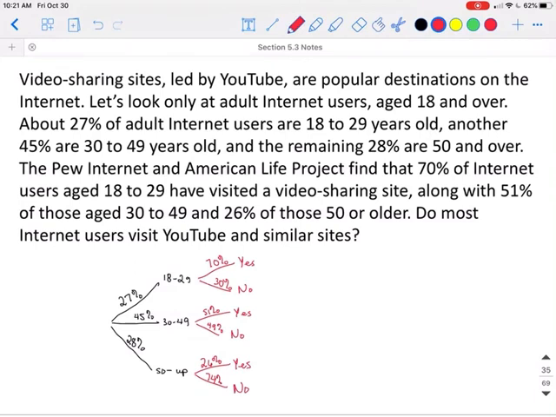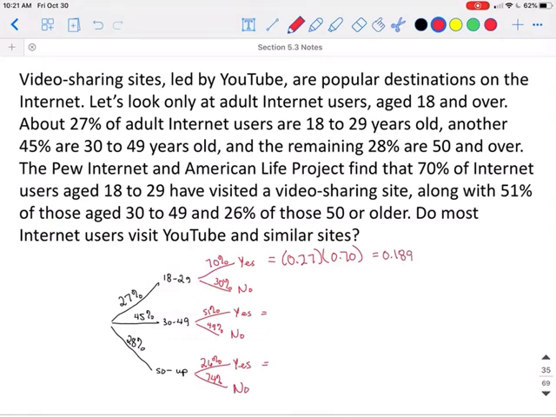So if we find the probabilities of yes and yes, so they're on the internet and they visit video sharing sites, of all 3 age groups, we can then add them together. So on the first one, we have 27% of the age group, and of those, 70% watch video sharing sites.